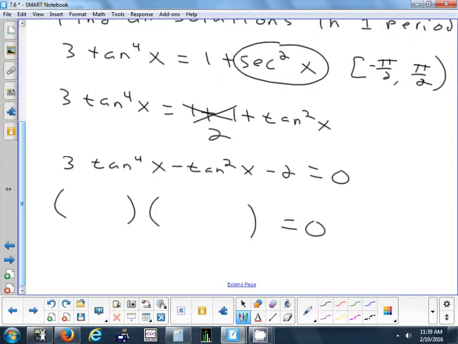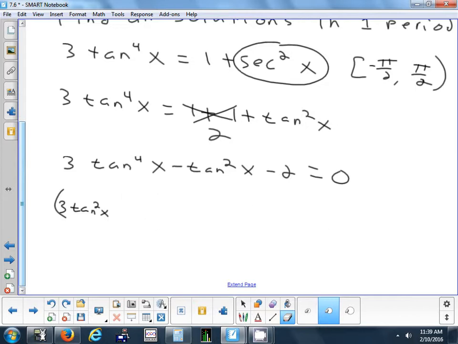What would my first term have to be? 3 tangent squared x. Yep, 3 tangent squared x. And what about my first term in the second factor?